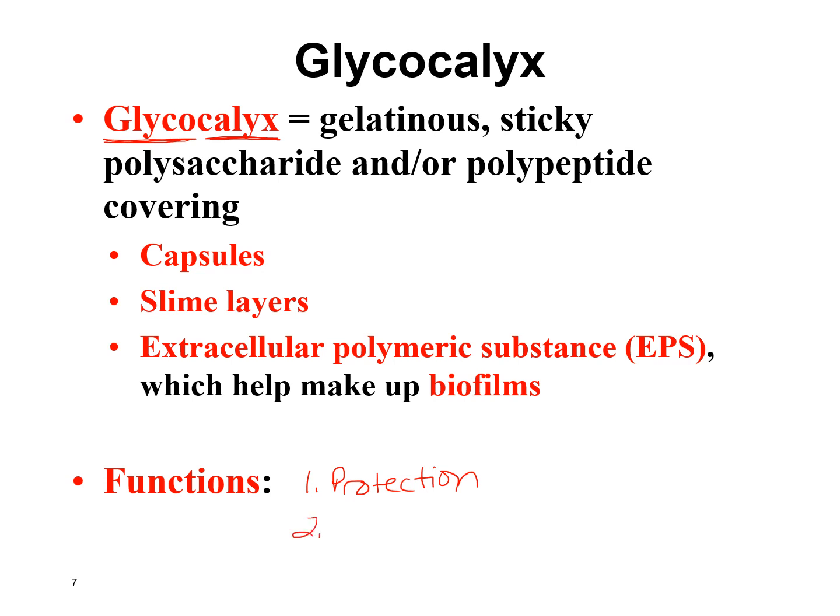The other function is attachment. The glycocalyx helps the bacteria stick to surfaces, especially with biofilms. We talked about that sticking to your teeth, which allows the bacteria to stick there, and you've got to scrub them off with your toothbrush.